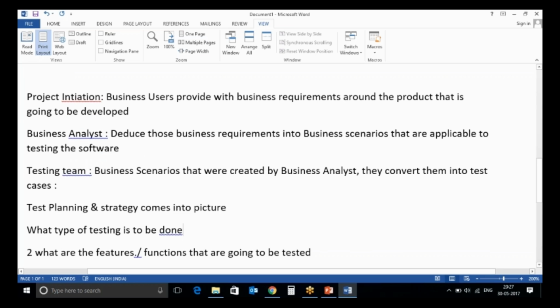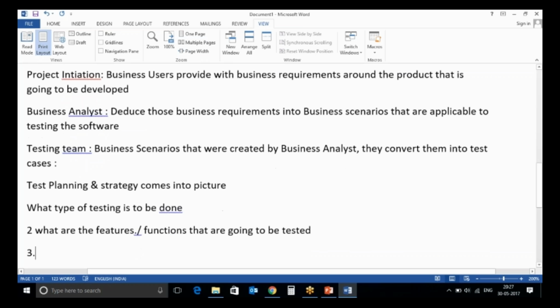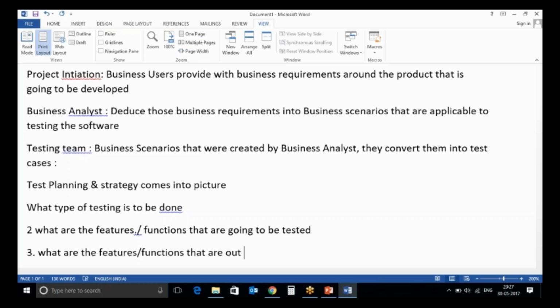The strategy covers what type of testing is to be done, what features or functions are going to be tested, and what features or functions are out of scope, as in they are not going to be tested.